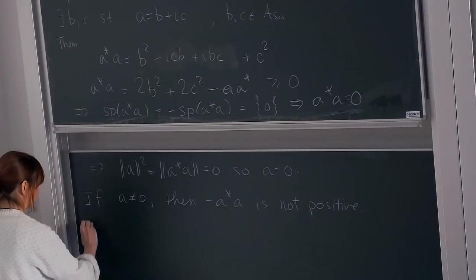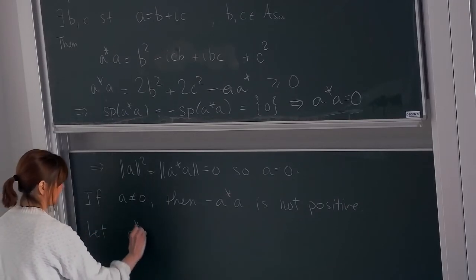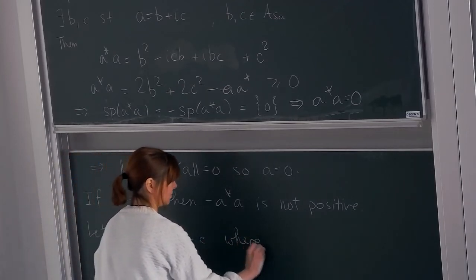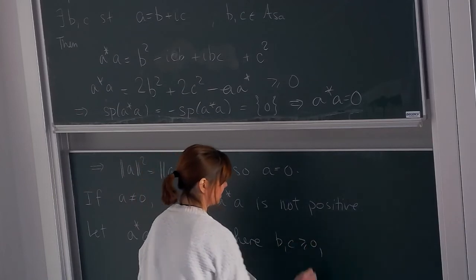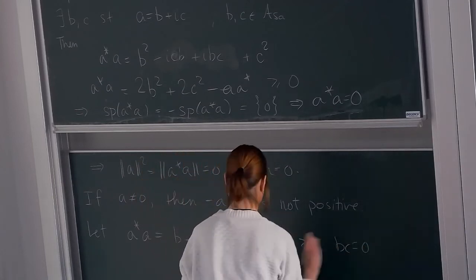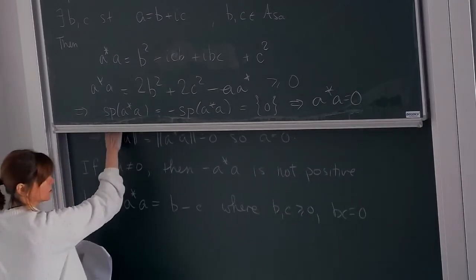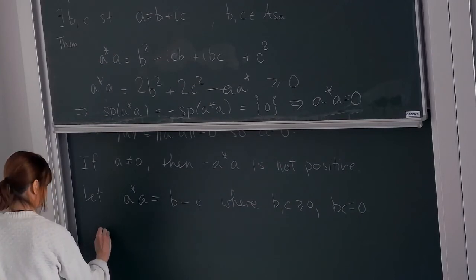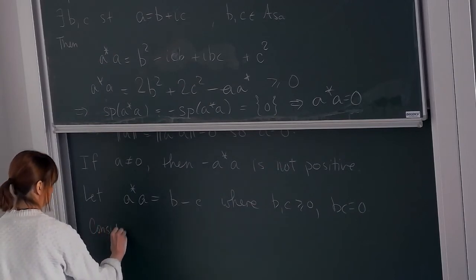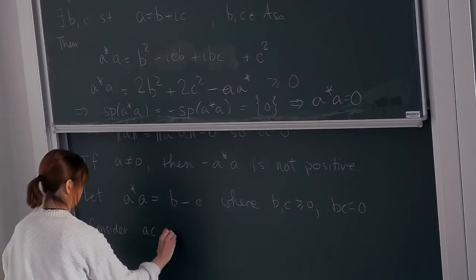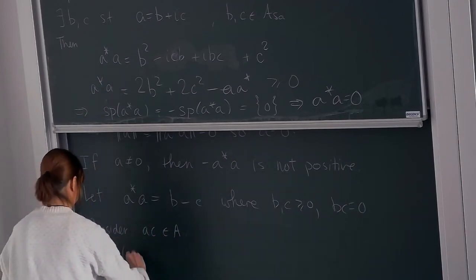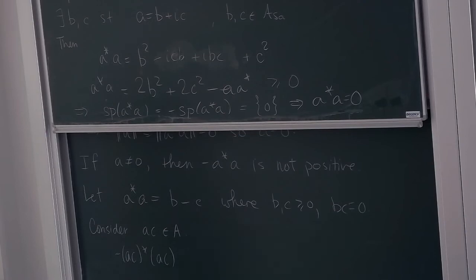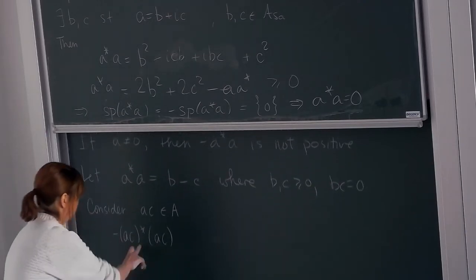So we know that A star A itself is self-adjoint. We can write it as B minus C, where B and C are positive and orthogonal. Now we would like to show that C is 0, and that will give us the result. So consider the element AC. What is this?